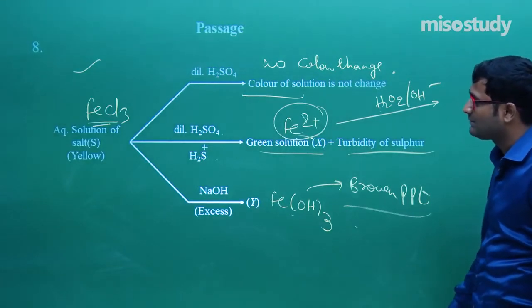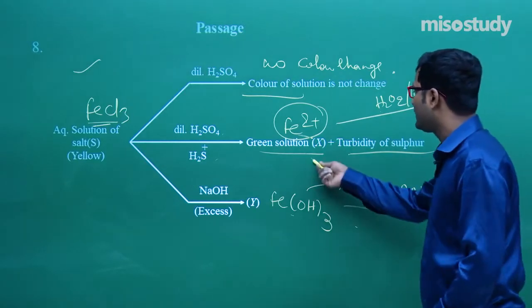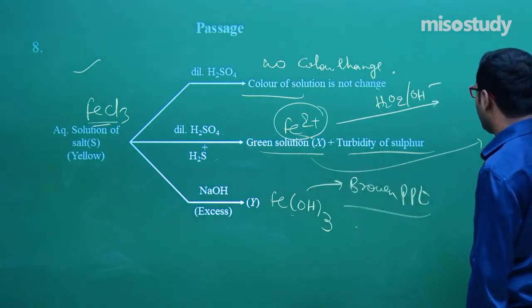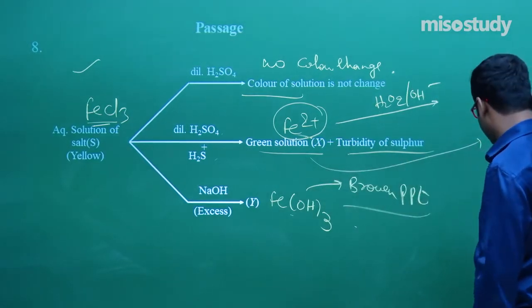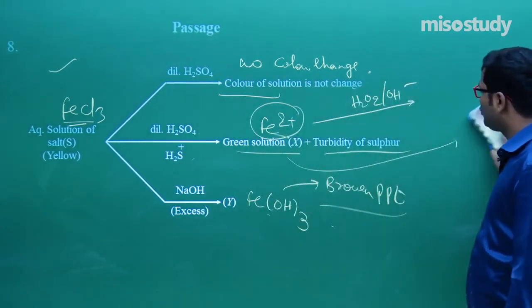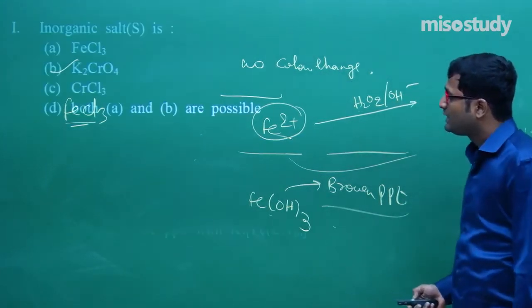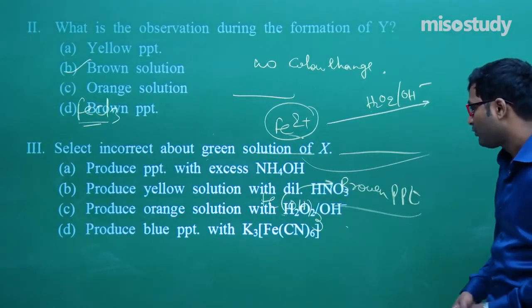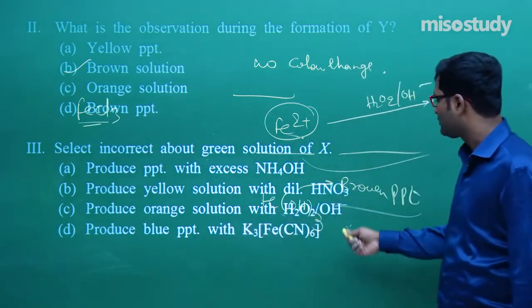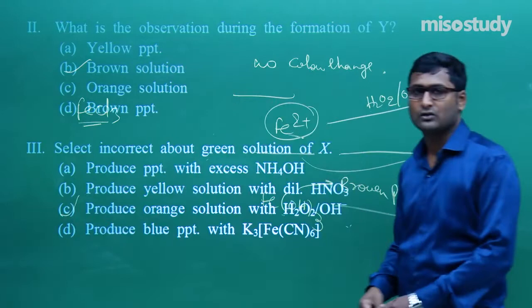Clear to you what I'm telling? The green solution forms due to FeSO4·7H2O, green crystals. So the Fe2+ ion when treated with H2O2 produces an orange solution. So for this question, C is the correct option.